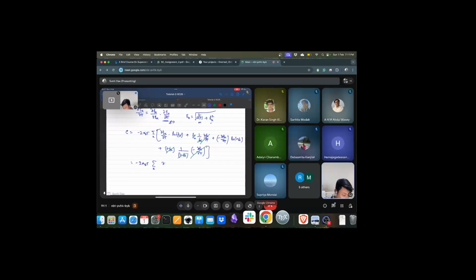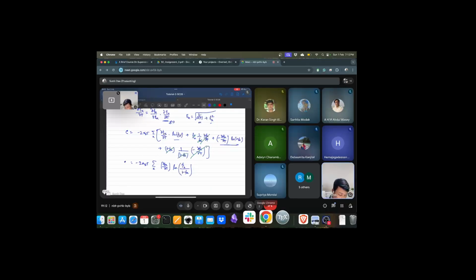The ∂f_k/∂T part will be common, and then we have ln f_k minus ln of 1 minus f_k. So we can write it as ln of f_k by 1 minus f_k.